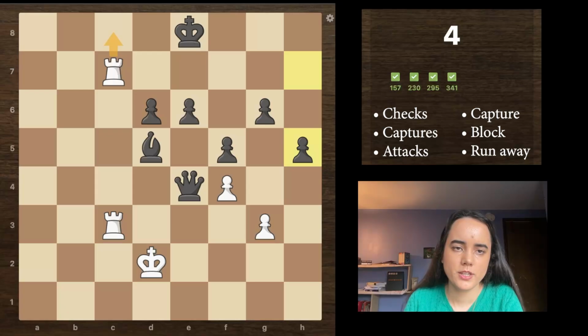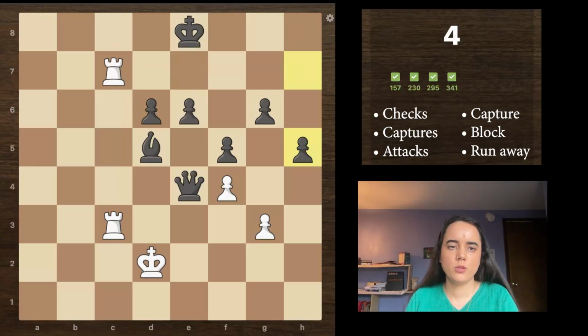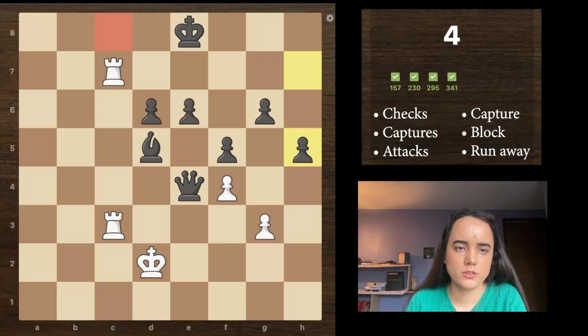So let's look at this move. We can look at the same idea to bring the rook here. And so let's try to visualize this. This is the hard part of solving puzzles, visualizing it. So the king's here, the rook's here, king's here, other rook is here.